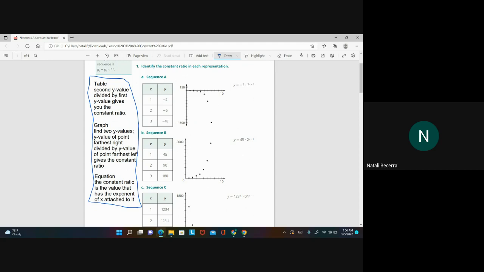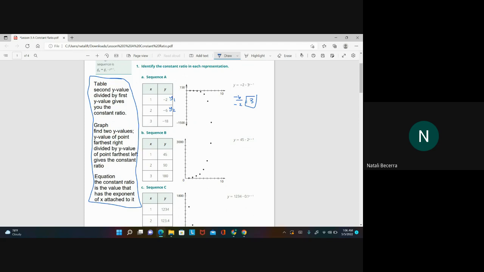So whenever they give you a table, you're going to take the second value and divide it by the first value. You have to make sure that the y values are right next to each other. So this is your y1, and this has to be your y2. So if you do that, -6 divided by -2, that gives you +3.